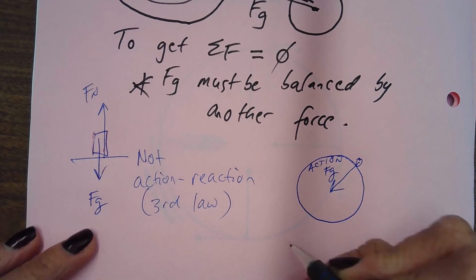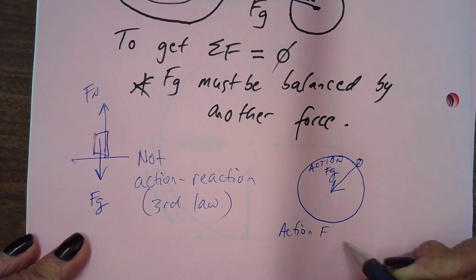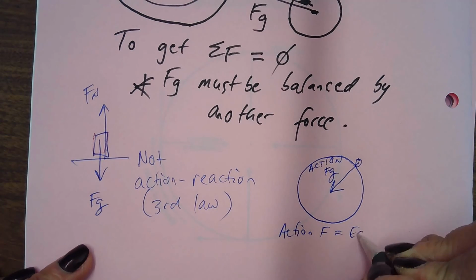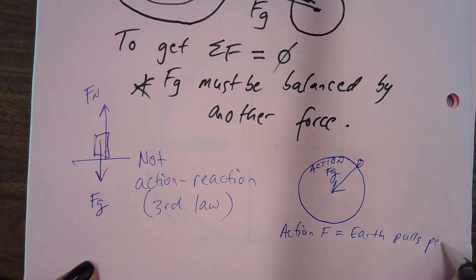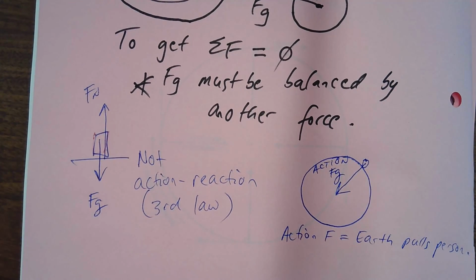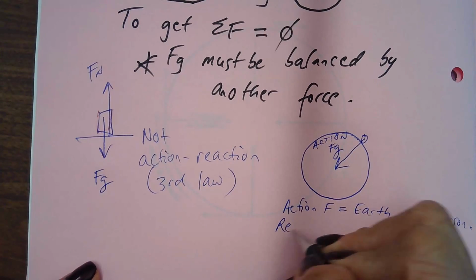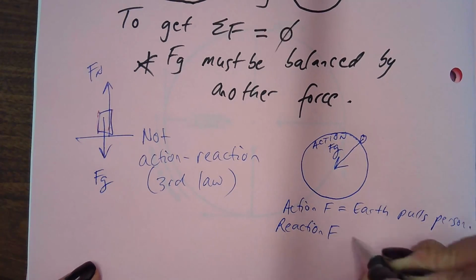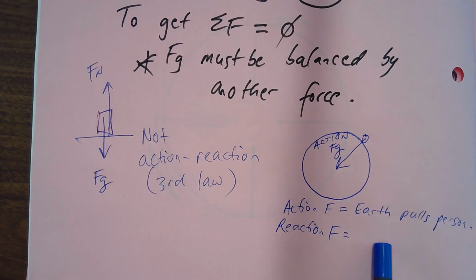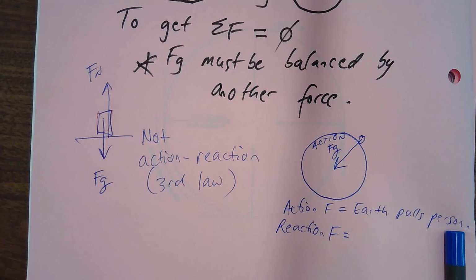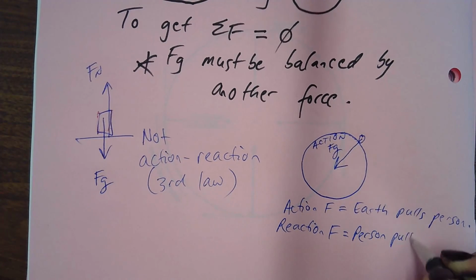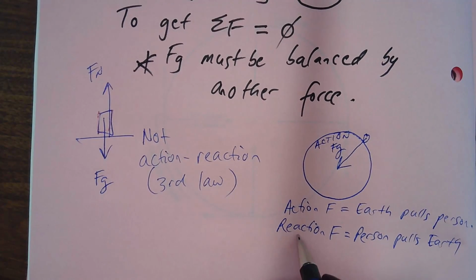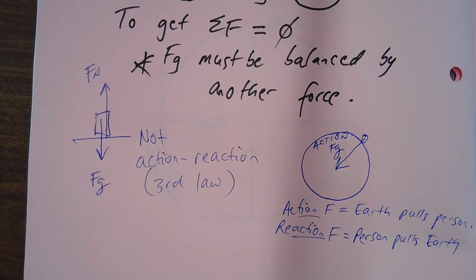If the action force is Earth pulls person, the reaction force will be, read that sentence again. Earth pulls person. What's the opposite of that? Person pulls Earth. That is the true action and reaction here.